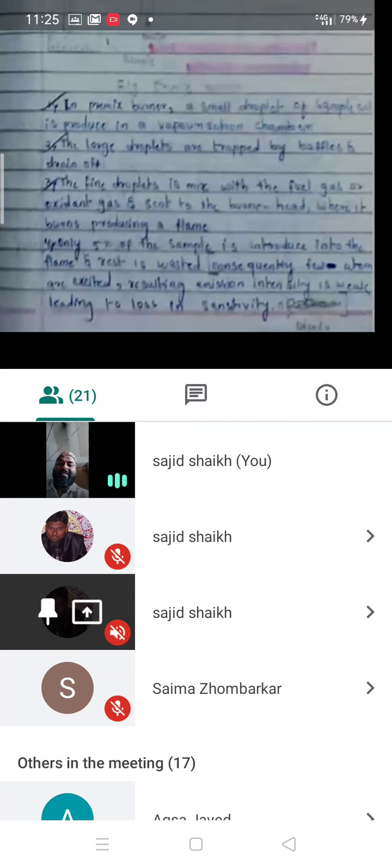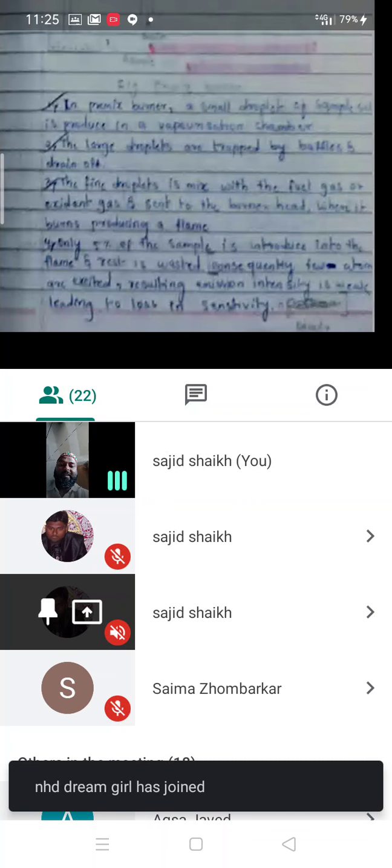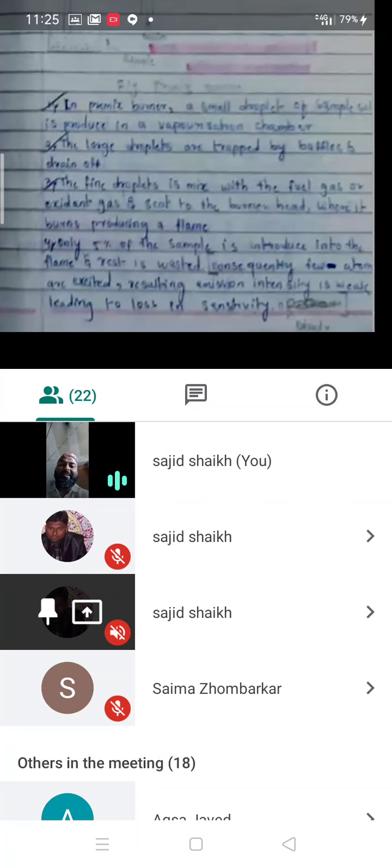There should not be this loss. If we are introducing a 10 ml sample, out of that only 2 or 3 ml will get activated and the other will be lost and become waste.